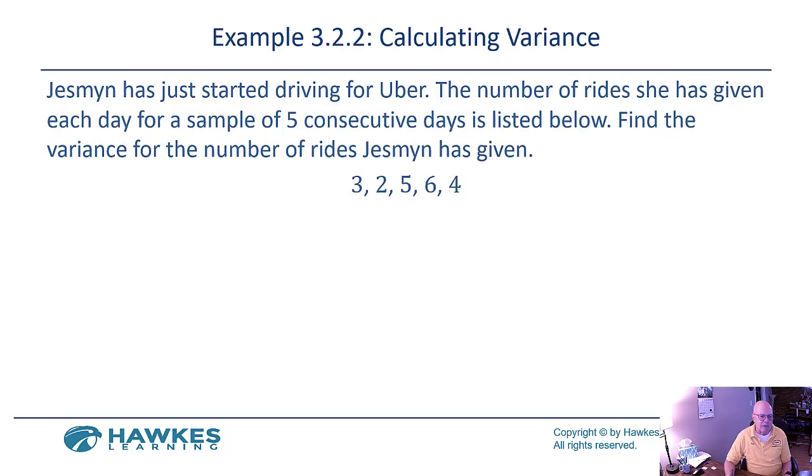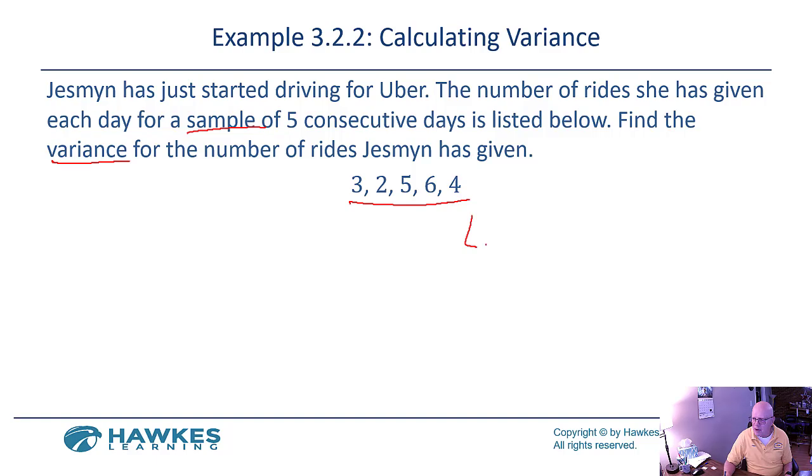Here's an example. 3, 2, 5, 6, 4 are the numbers that you're given for the number of rides. What you're asked to do is find the variance. So, since this is a sample, you're going to put those numbers in your calculator.